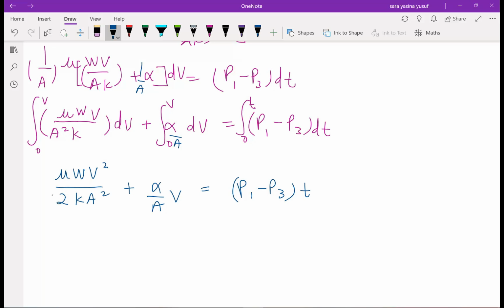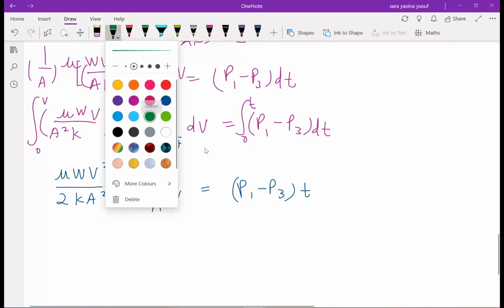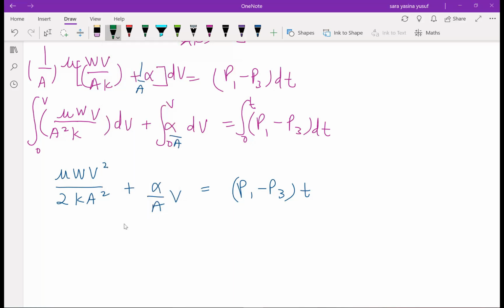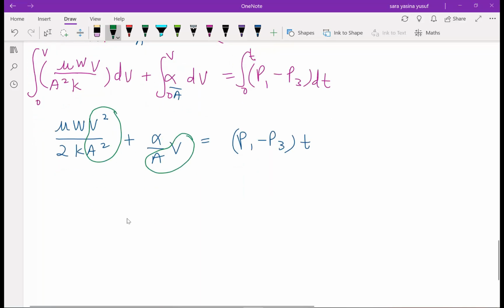Okay, so if you can see here, kita ada dua v over a punya expression. So therefore, kita boleh pecahkan mu w over 2k v over a square plus alpha v over a.